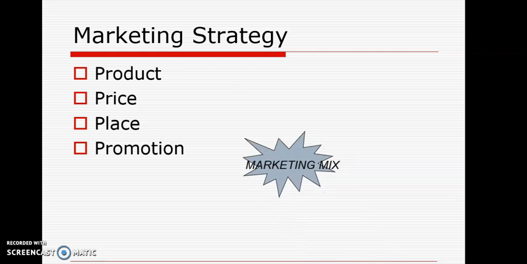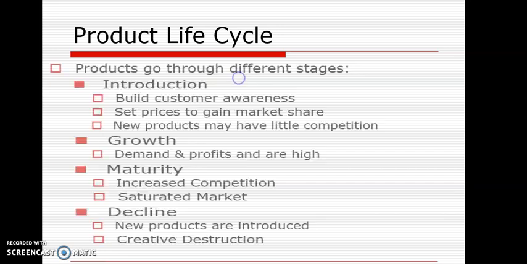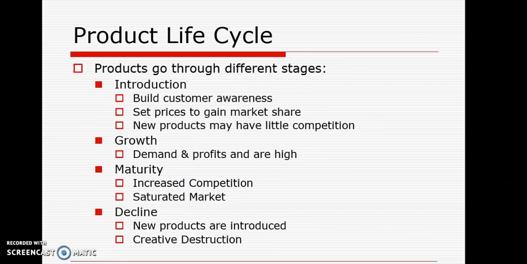Now, our strategy for marketing changes based on where we are in the product life cycle. And this is something else that you will be quizzed on. All right? Products have different stages.